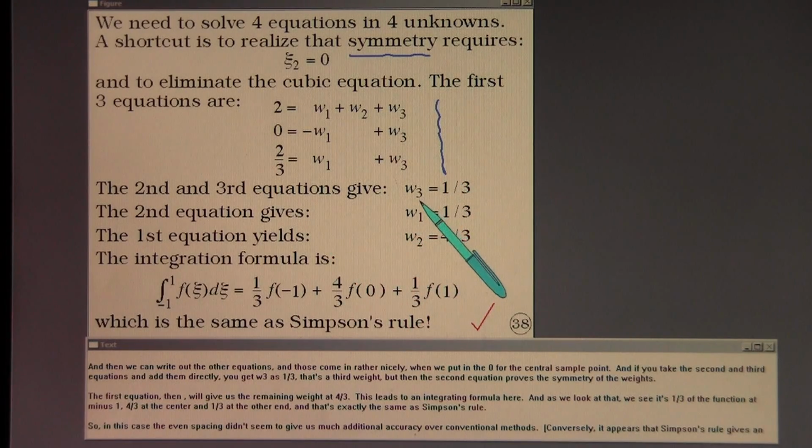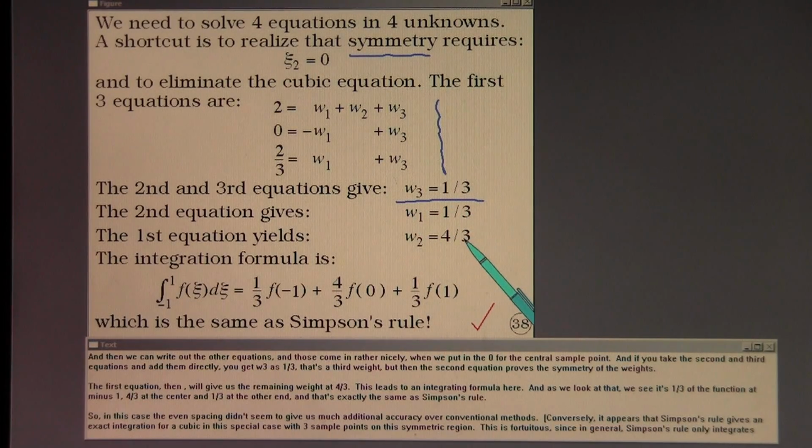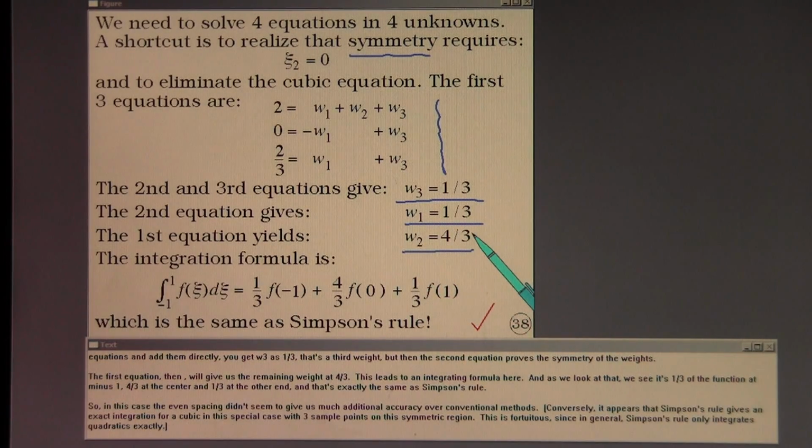And if you take the second and third equations and add them directly, you get W3 is a third. That's a third weight. But then the second equation proves the symmetry of the weights. The first equation then will give us the remaining weight at 4/3. This leads to an integrating formula here.